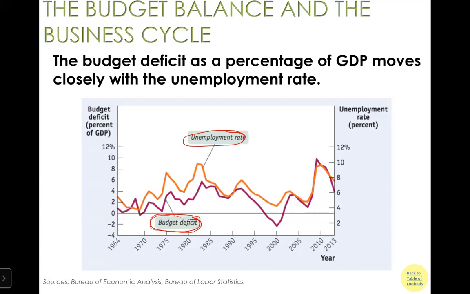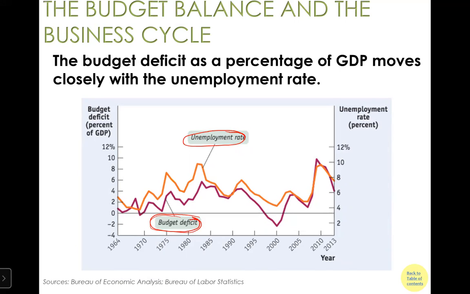And the reason is that the government will use expansionary fiscal policy to stabilize the economy. But this expansionary fiscal policy will lead to a larger deficit, particularly in bad times of the economy. And when the economy is in a bad time, usually the unemployment rate goes up. Okay? So this is the first reason why they track each other.